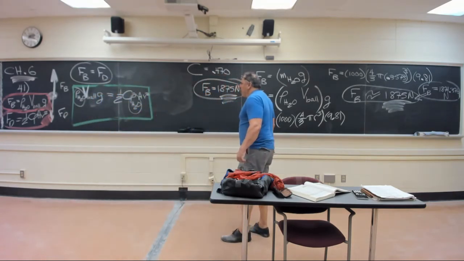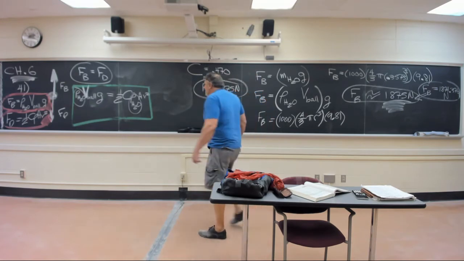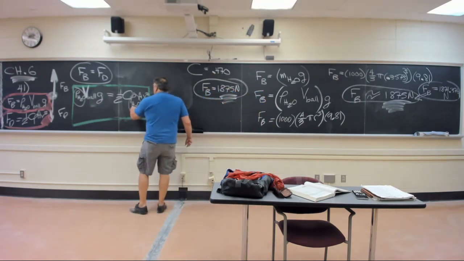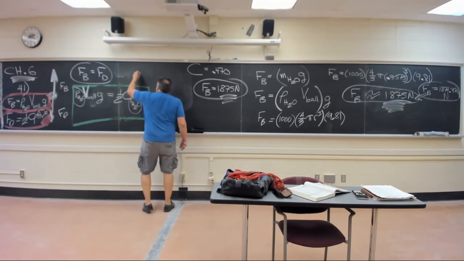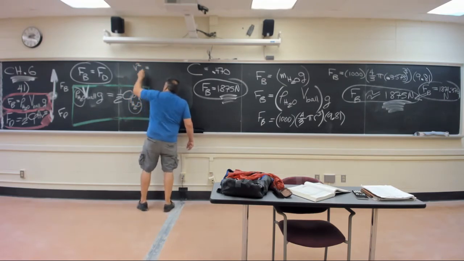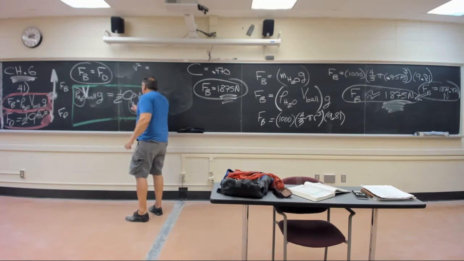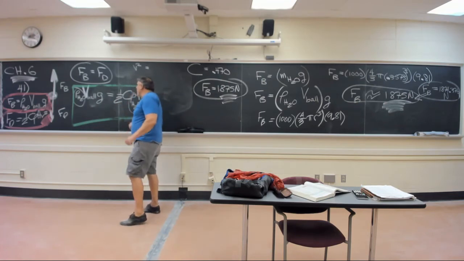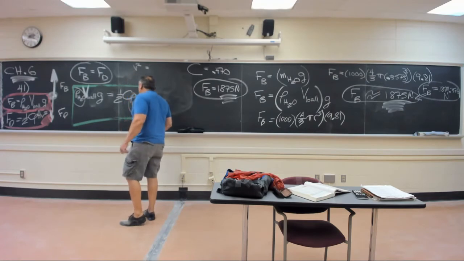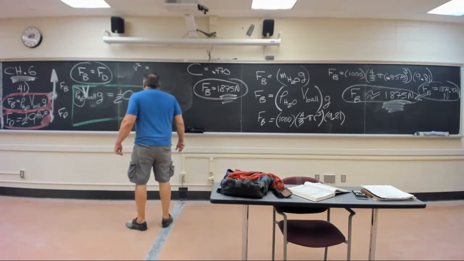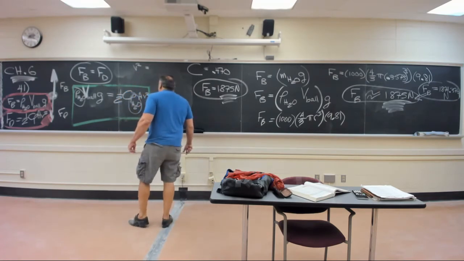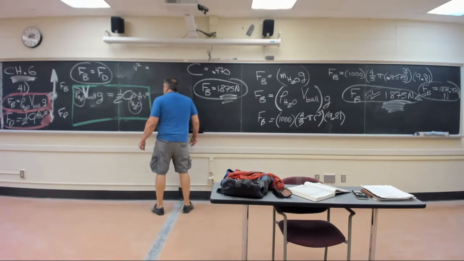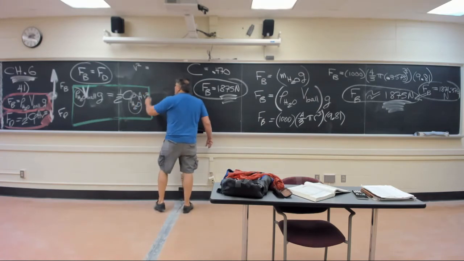You can divide by rho H2O on each side. Let's solve for V squared. Dividing by rho H2O on each side, you got that. Multiply by 2 on each side and divide by CA.